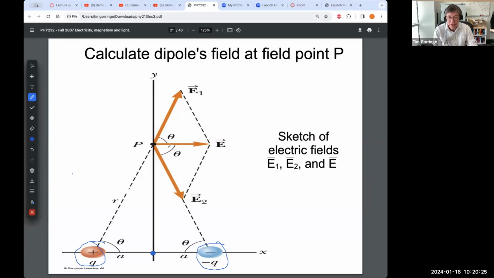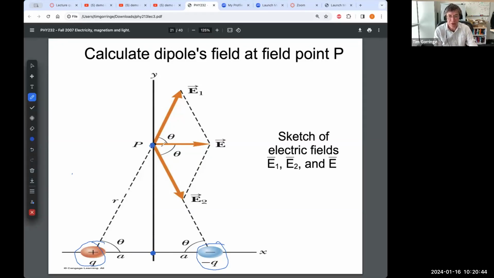We're going to be interested in this question in calculating the field at some field point. And to keep the problem relatively simple, I'm going to just calculate the field at a field point on this vertical line.